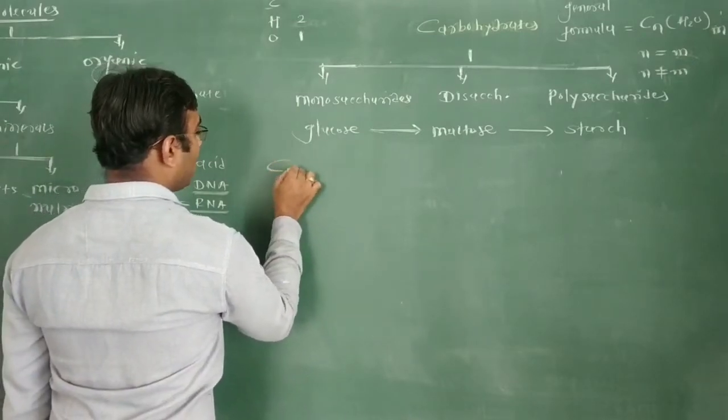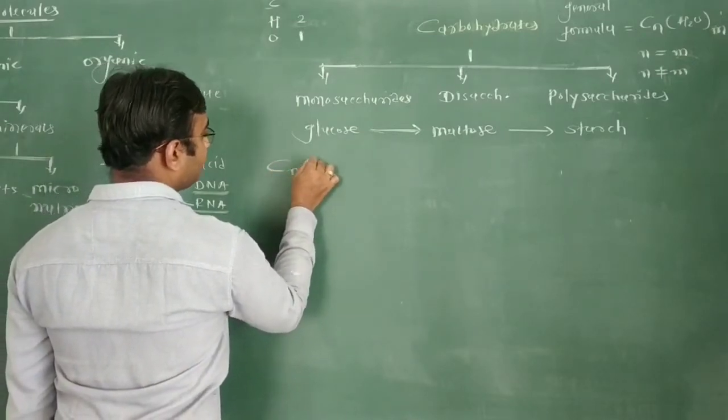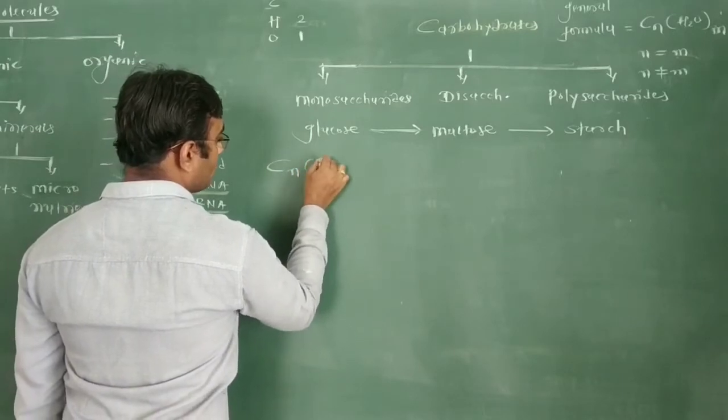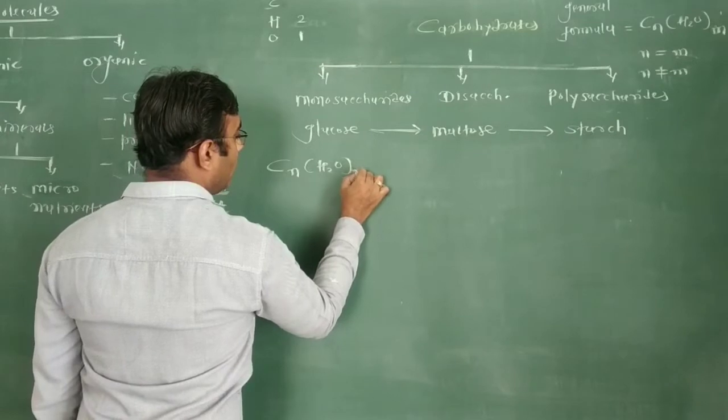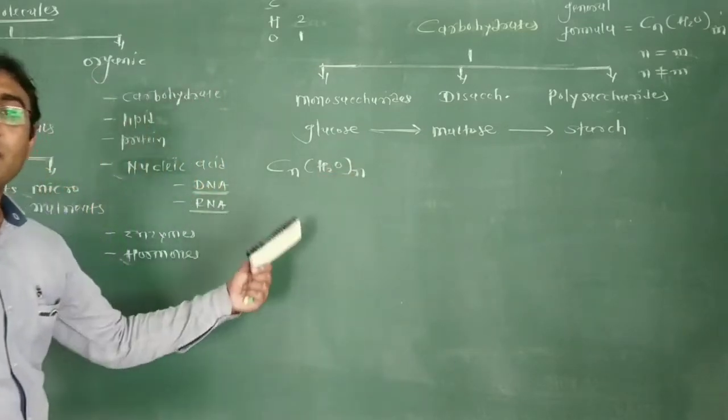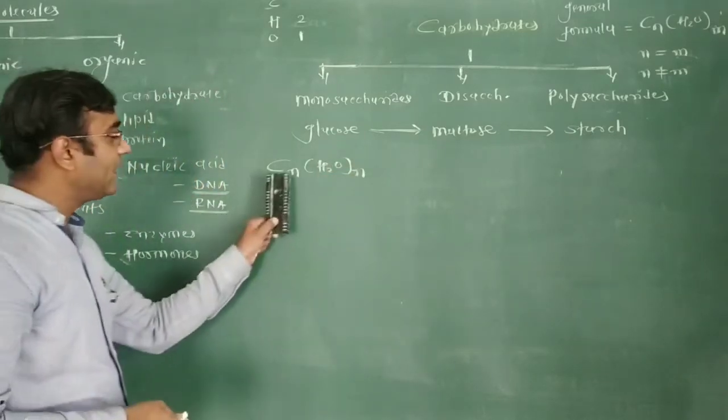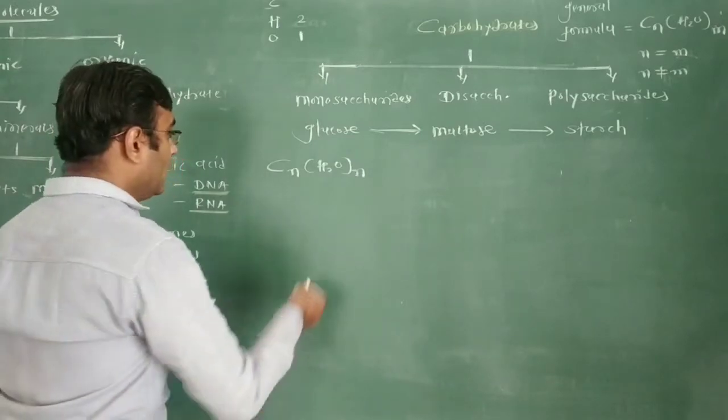General formula for monosaccharide is CnH2On, because here n is equal to m, so either write n n or m m.